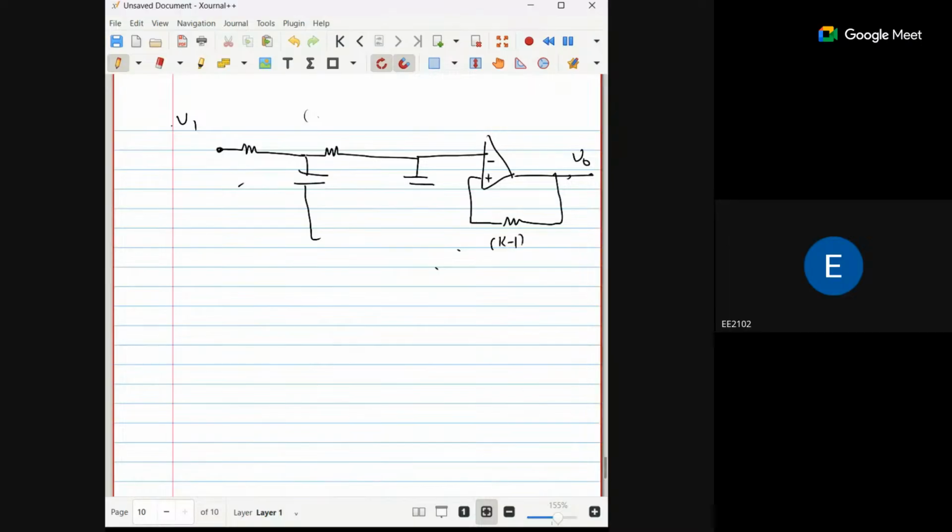That is (K minus 1) into R, that is R. There is C1, which is on the C2, that is R1, that is R.